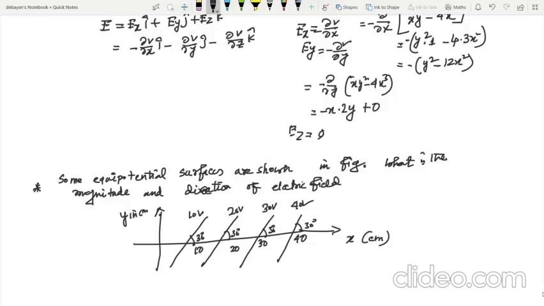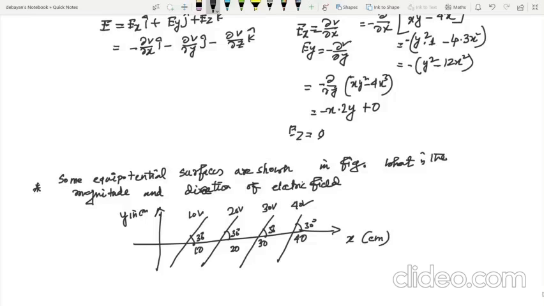That is the potential difference between equipotential surfaces, and dr is the perpendicular distance between two equipotential surfaces.